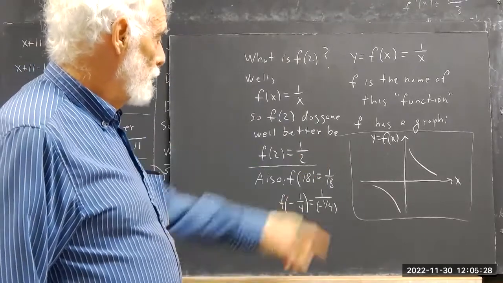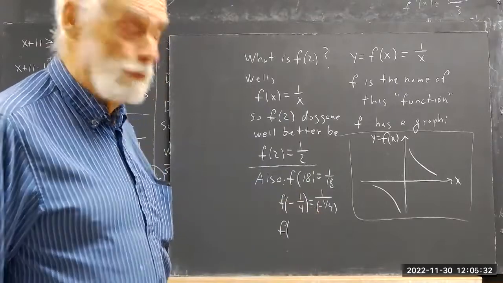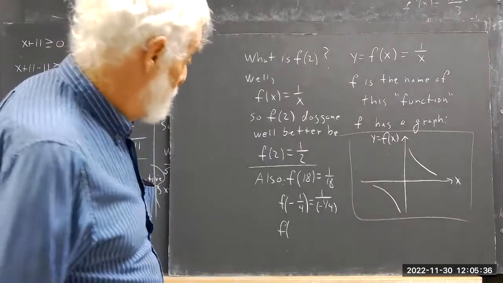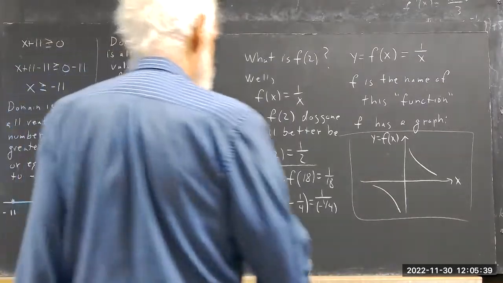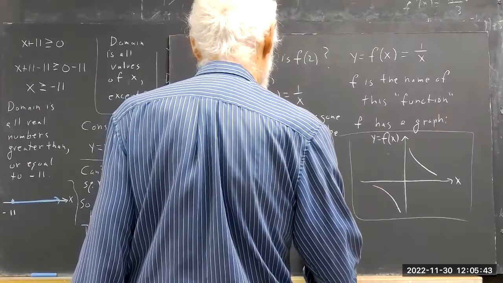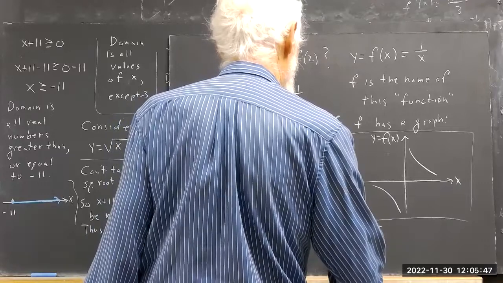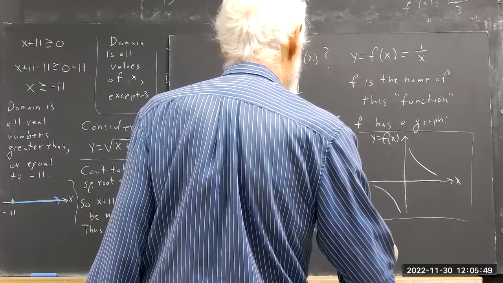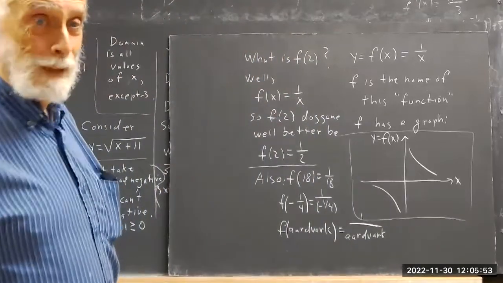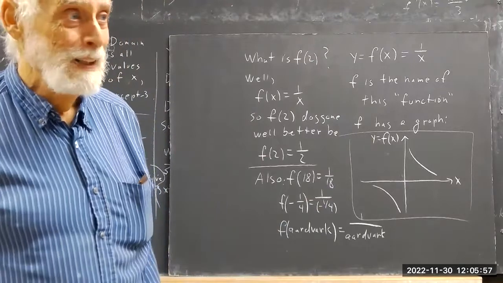f of 18 has to be 1 over 18. f of negative 1/4 has to be 1 over negative 1/4. Of course, you got to do the arithmetic, that's negative 4. And even f of aardvark is 1 over aardvark. Now, I don't know what the reciprocal of an aardvark is, but that's what f of aardvark has to be.